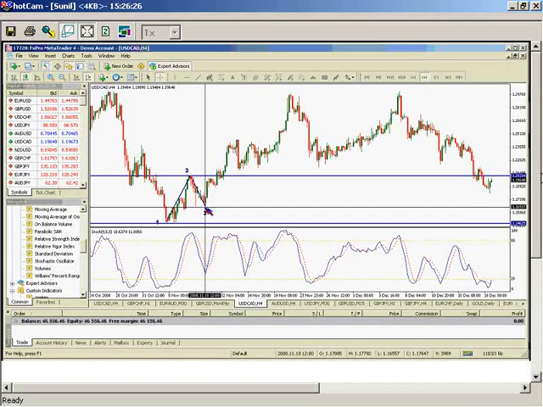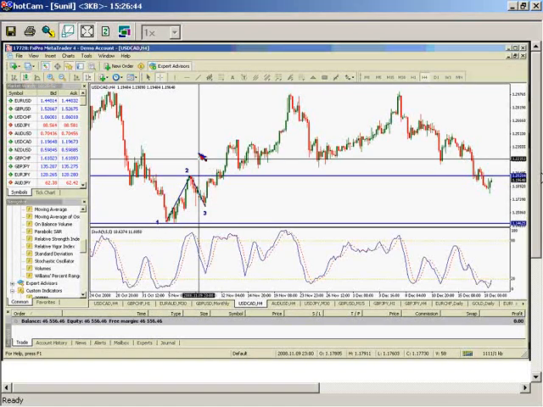The low of 3 is 1.1650. Adding it over here gives me approximately 2,210. So I'm looking at 2,210. Let me plot one line over here. There you go. This is what it is.